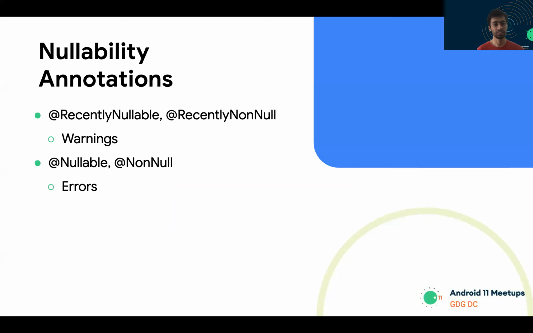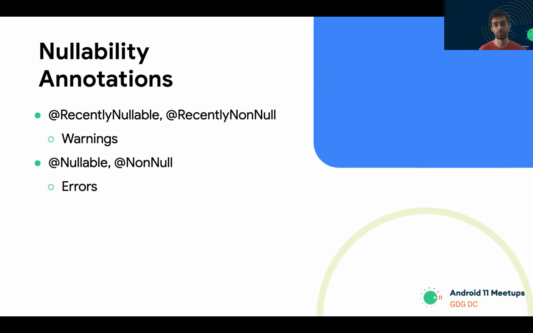Additionally, there were changes to the APIs themselves, specifically the annotations for recently nullable and recently non-null were added. If you're a Kotlin developer, they would generate warnings when you're compiling your code if you are trying to access something that should not be nullable or was marked recently nullable.